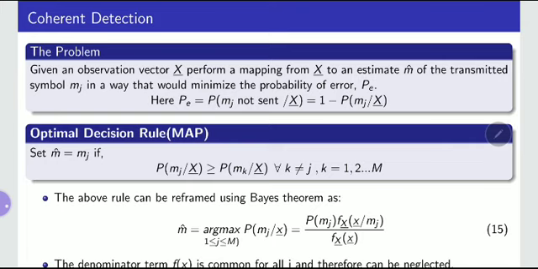So the optimum decision rule, the maximum a posteriori probability or MAP rule, says that set the estimated message m cap as mj if the probability P of mj given x is greater than P of mk given x for all k not equal to j.